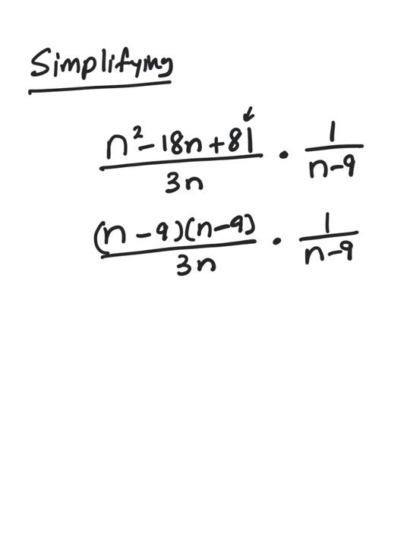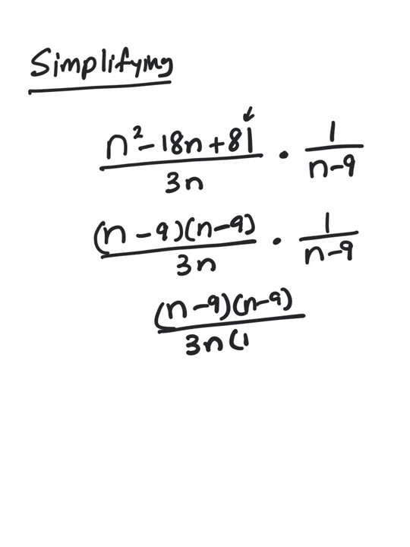If you multiply the fractions, you have n minus 9 times n minus 9 divided by 3n times n minus 9. You notice in the numerator and the denominator, they have n minus 9 in common, so that's going to become 1. So when you multiply these two rationals, what you have left is n minus 9 over 3n.